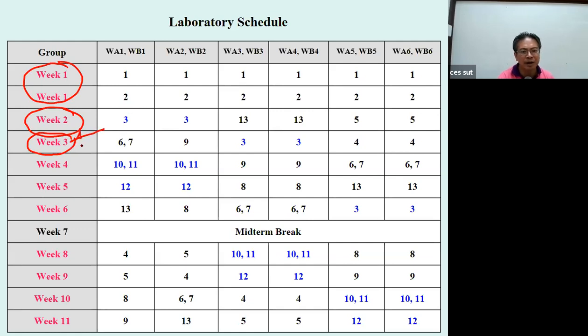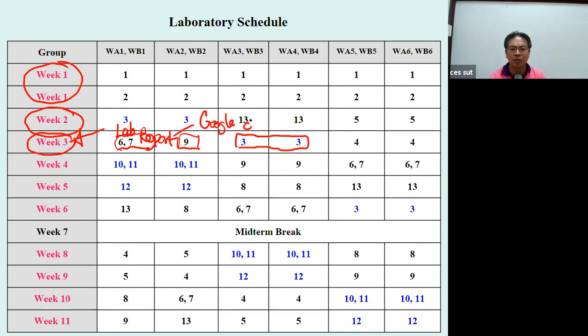For lab number 3, now every one of you must have finished the lab report already, right? You should finish the lab report for the groups like this, and then you have to return this lab report to the Google Classroom.